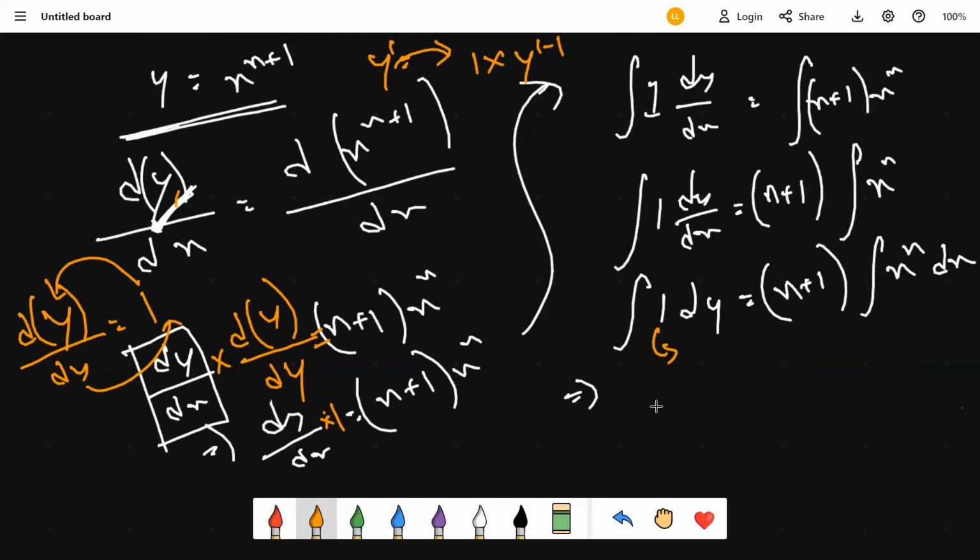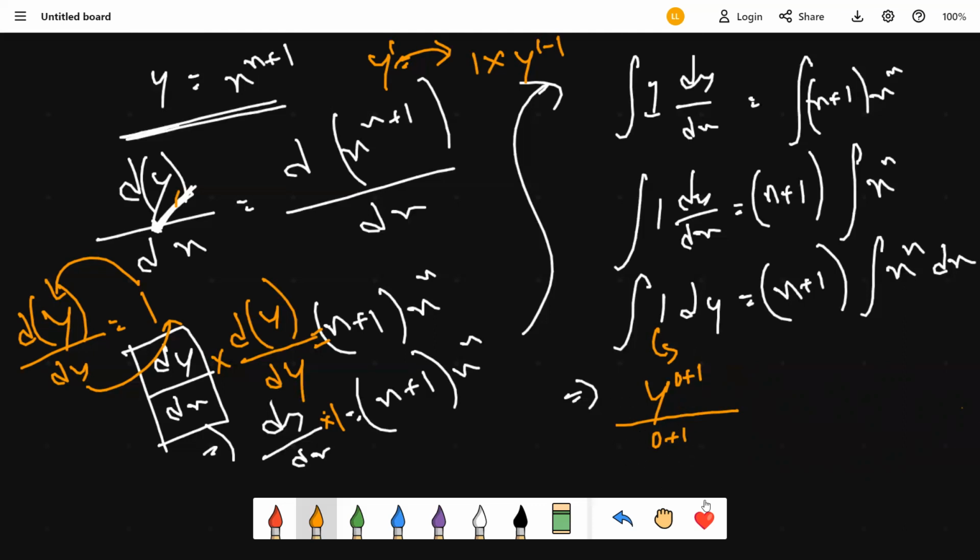So integrating this gives us simply y to the power 0 plus 1 divided by 0 plus 1. Simply divide by that power. A much more convenient way of saying it: whatever you add to the power, simply divide the whole expression by the new power.